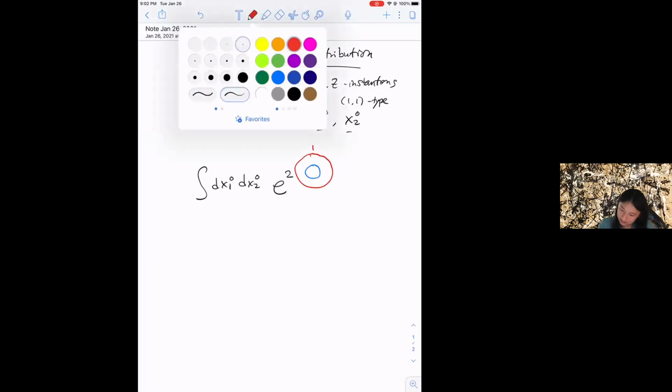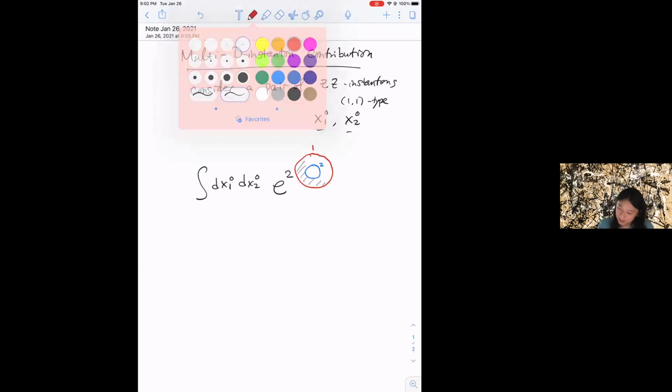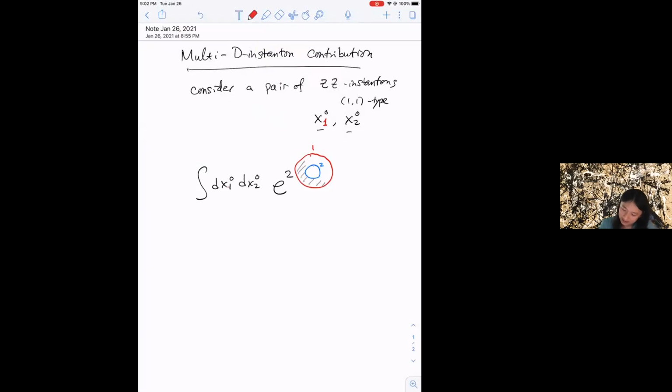So the worldsheet is this annulus in between 1 and 2. I'm using red to label the first instanton, and blue to label the second. The factor 2 is because of the orientation, so there's not a separate diagram with 1 and 2 exchanged.